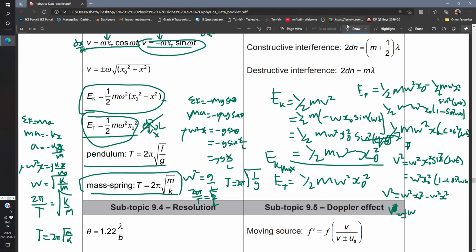So basically v, I'm going to explain this in a moment. v is equal to plus or minus omega square root of x naught squared minus x squared. Basically here we took the common factor. Before that, we rewrote it in terms of this, and cosine squared omega t. This should give us basically omega x.